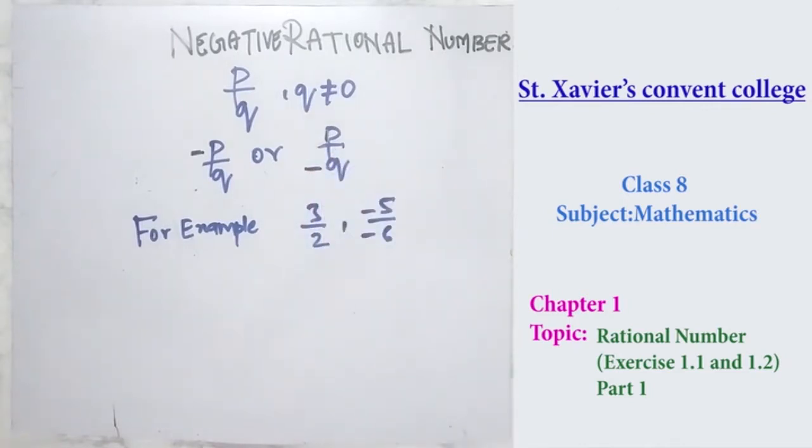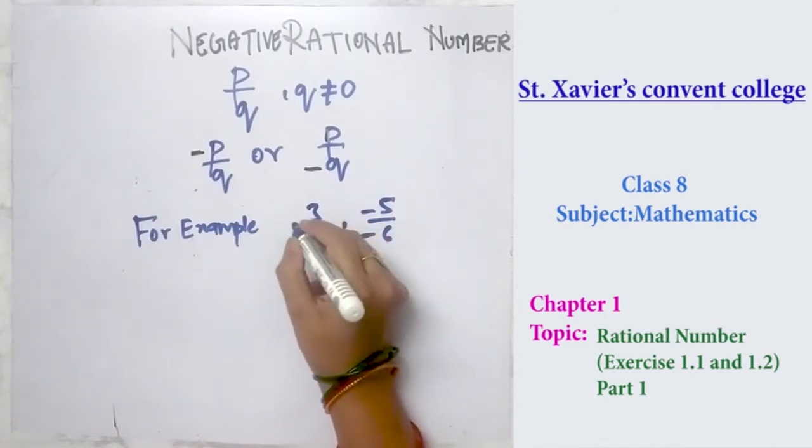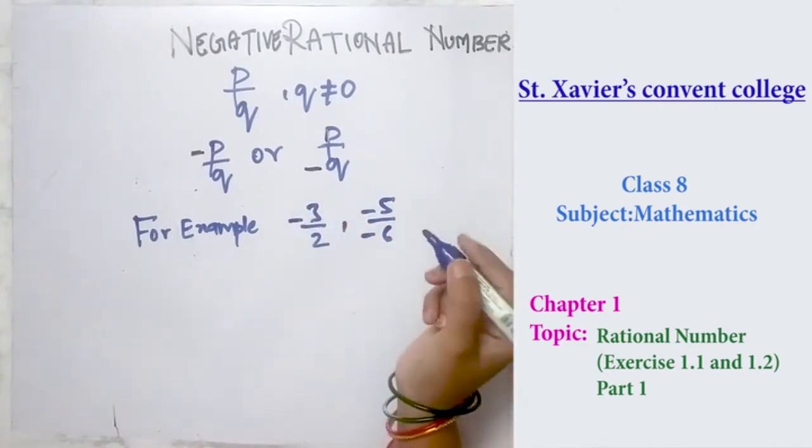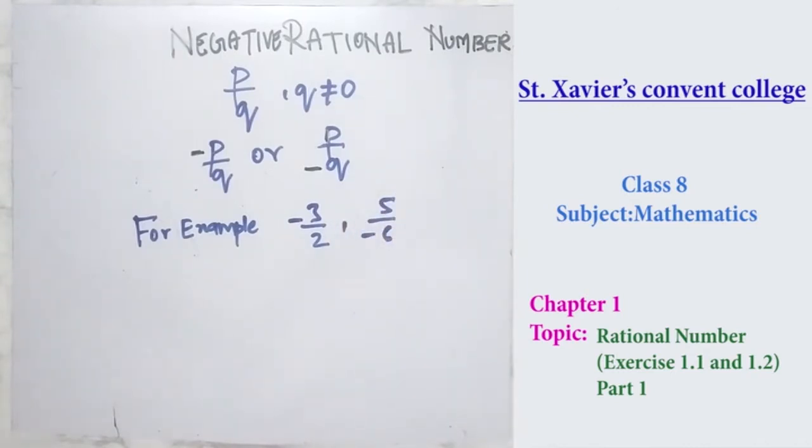In either case, you can have the negative sign in the numerator or in the denominator. Earlier we took the example 3 upon 2. Suppose we have minus 3 upon 2 or 5 upon minus 6. This type of number is a negative rational number.